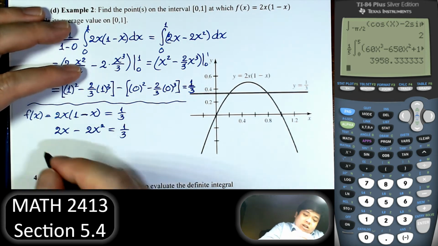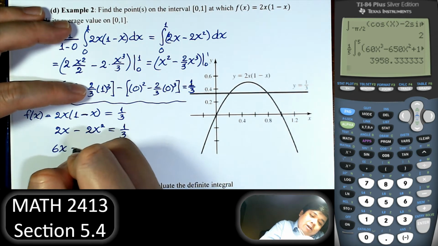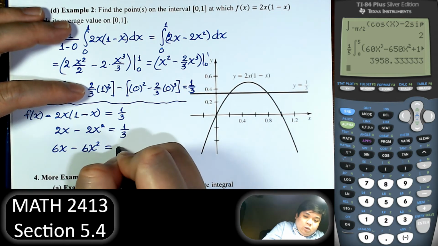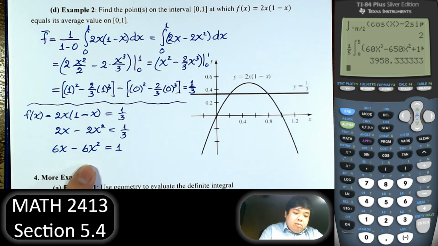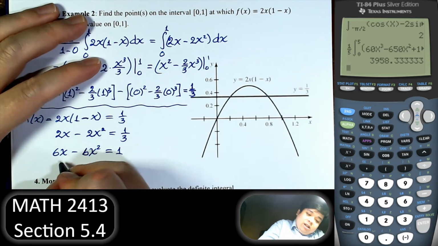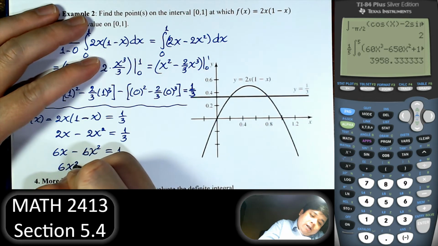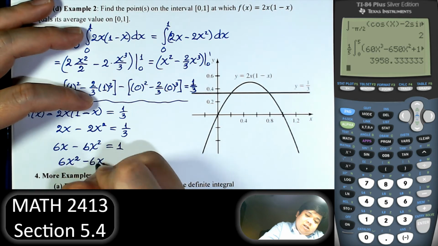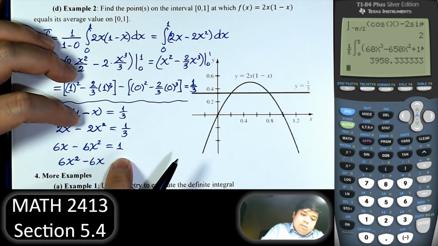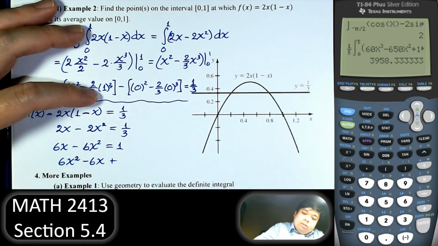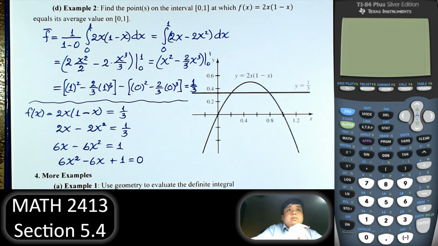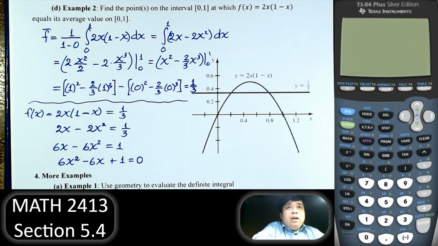Multiply everything by 3: 6x minus 6x squared equals 1. Let's arrange them. Move everything to that side: 6x squared minus 6x plus 1 equals 0. And there should be a solution for that.